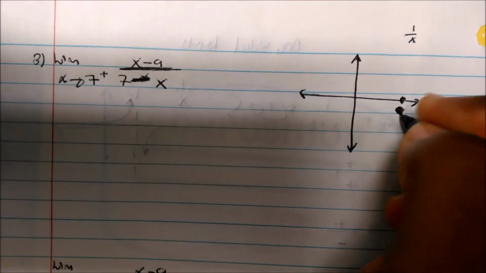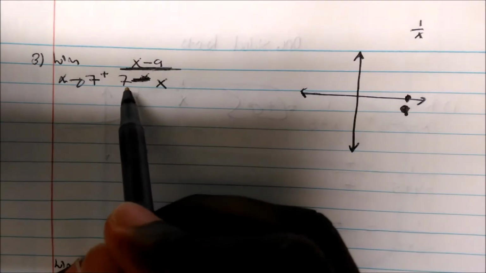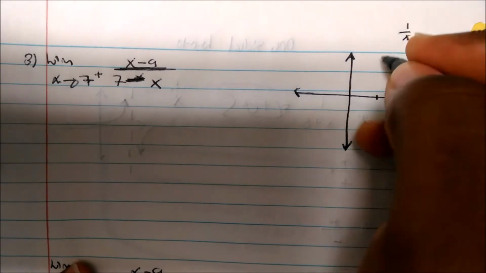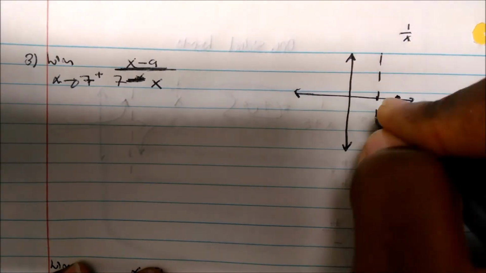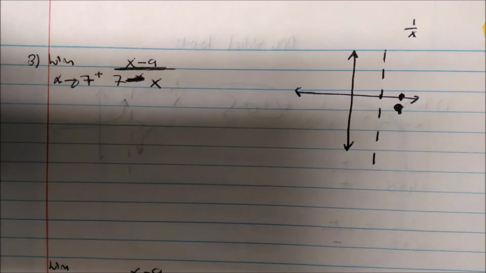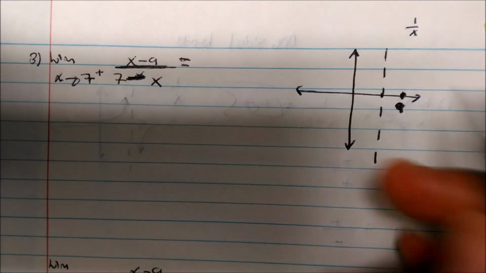All right, so we have 1 there at 9. And then x cannot be 7. So we have a vertical asymptote at 7. This is 7. Definitely not drawn to scale again, guys. So bear with me. So now, this is 7.